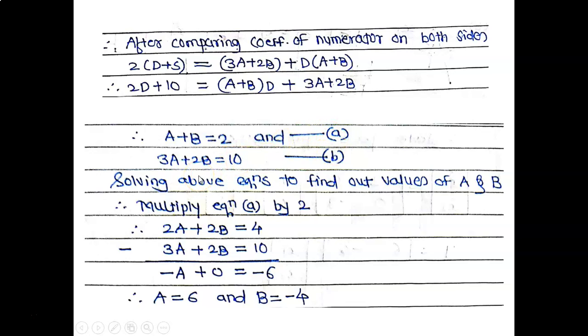Solving the above equations to find the values of A and B, multiply the first equation by 2. Therefore the B term will get cancelled. Finally, we get A equal to 6 and B equal to minus 4.